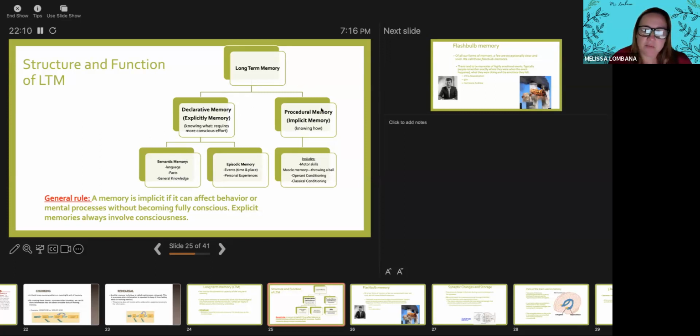And then we're going to jump to the second type of memory, which is called implicit memory, or procedural memory. And this is kind of like your step by step how to do something. This one tends to be automatic processing. Unlike this one that you have to try, this one happens kind of naturally, but not always.